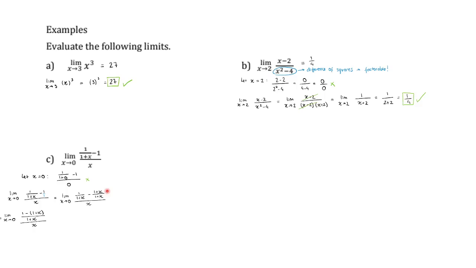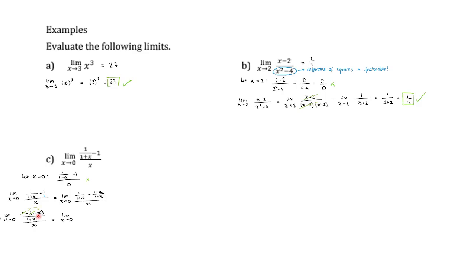So now simplifying a little bit, this is going to be equal to the limit as x approaches 0 of 1 minus 1 minus x, right? Here the 1's are going to cancel out, and that negative sign is still going to affect the x.